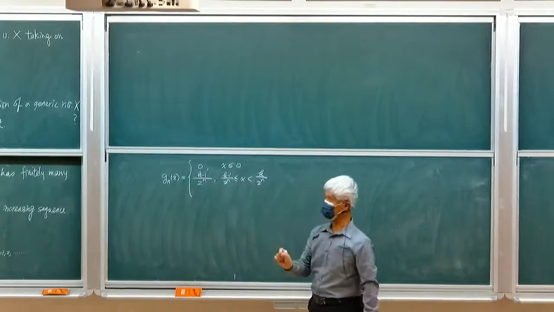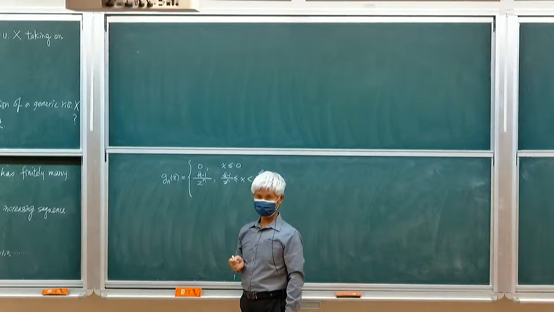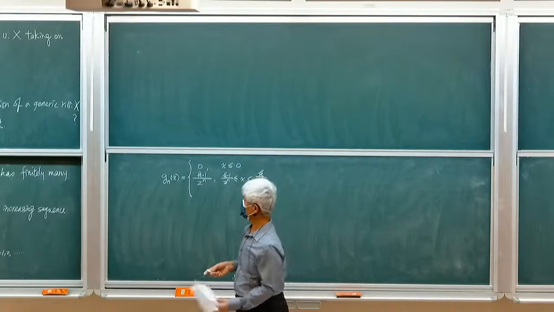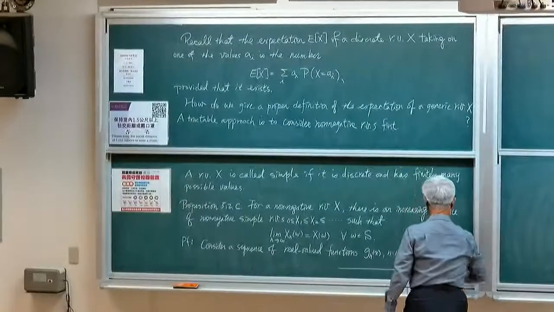So the scale would be 1 over 2 to the nth power. So the quantization is like this one.